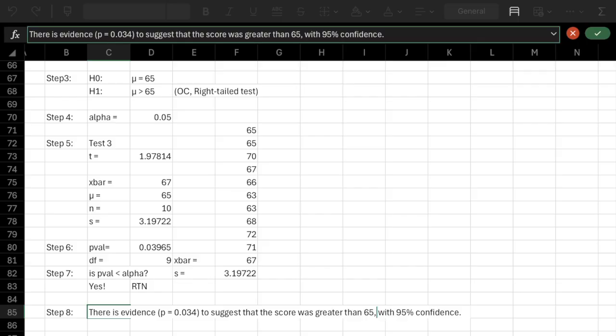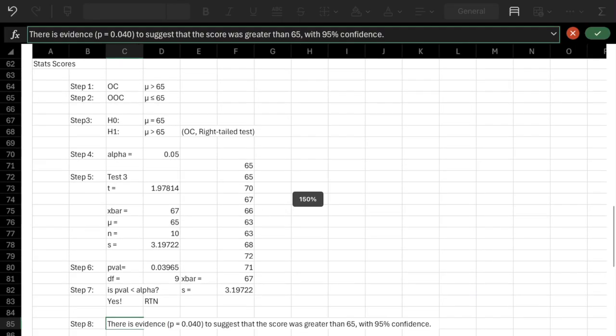See, if I assume that the score was indeed 65, given my data, that's unlikely. That's only 3.9. Oh, wait a minute, not 3.4. This should be 0.04. There we go. 4% chance of that being the case. Now, that's not likely enough for me. Something's most likely up.